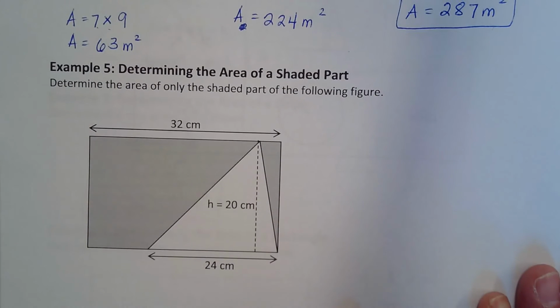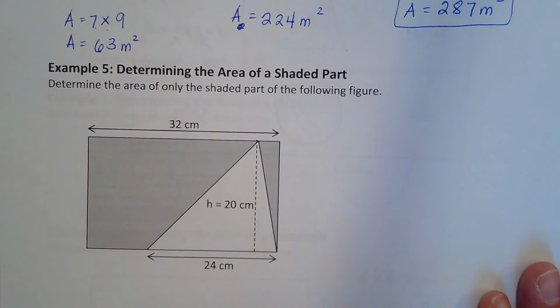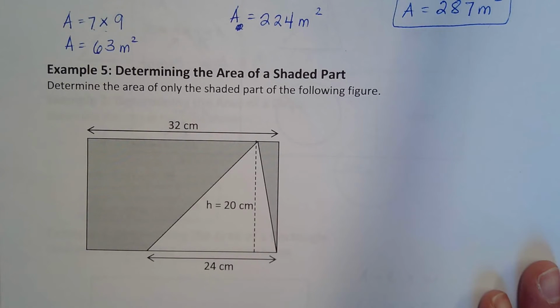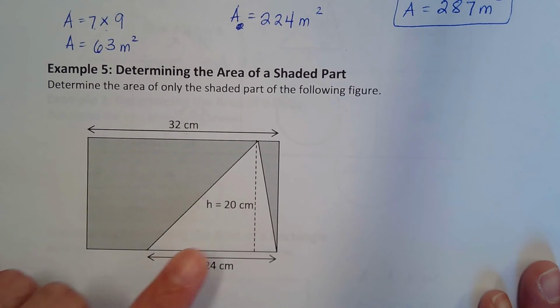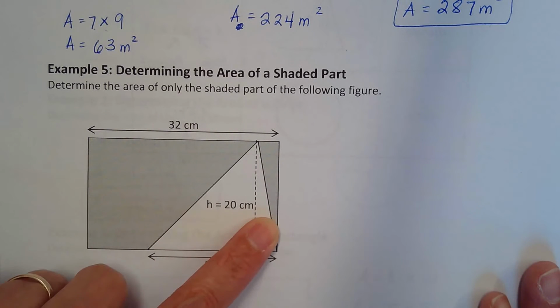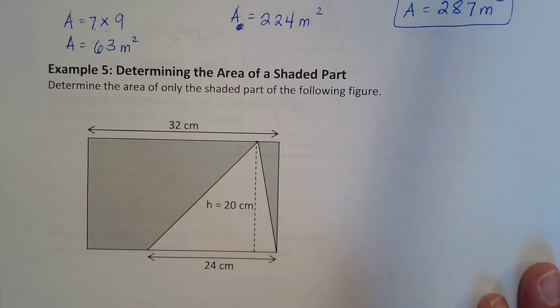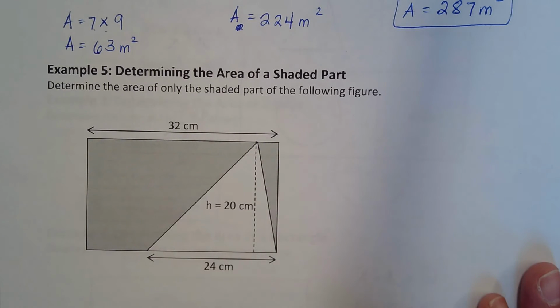I'm going to bring it down so that, there you go. So you're thinking that everything is shaded, and then all of a sudden there's a rectangle on top of it that's not shaded. Okay, good.